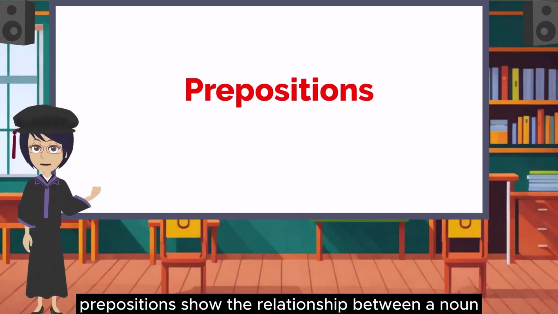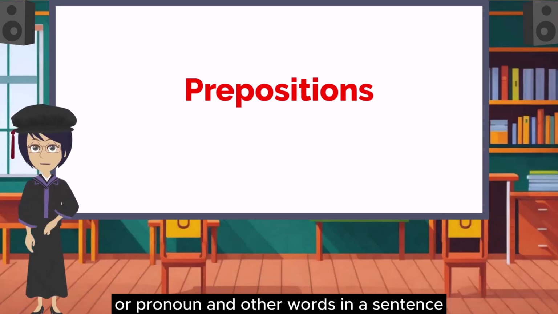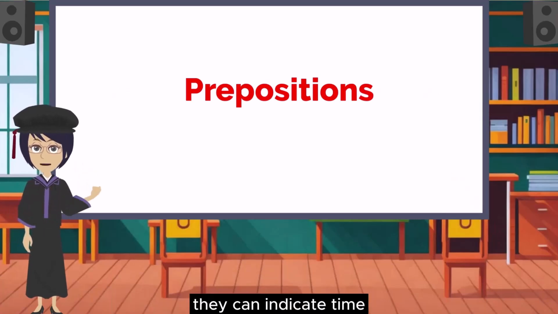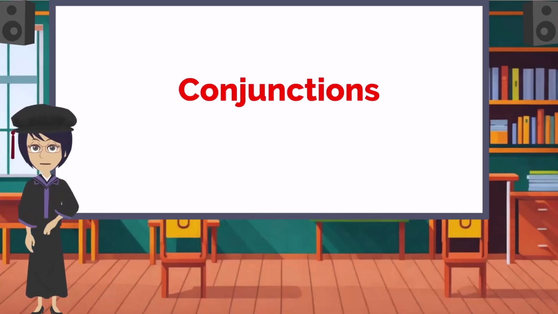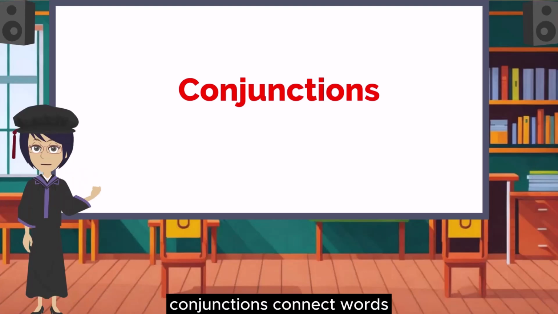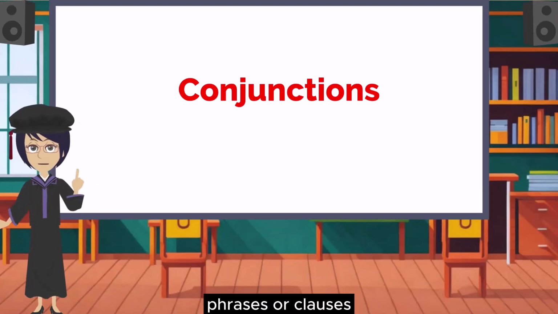Prepositions. Prepositions show the relationship between a noun or pronoun and other words in a sentence. They can indicate time, place, direction, and other relationships. Conjunctions. Conjunctions connect words, phrases, or clauses.